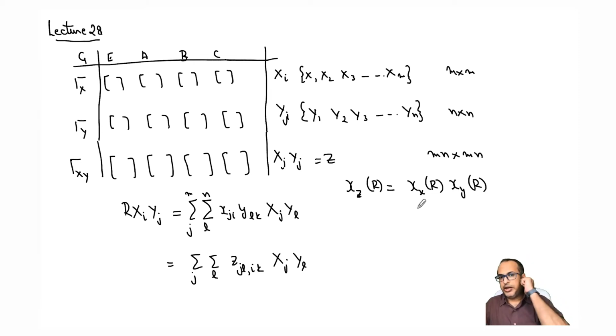This we have seen. Now this means if these are 1-digit numbers, that is 1 cross 1 representations, then the characters get multiplied directly. But if these representations are degenerate, that is m-fold degenerate and n-fold degenerate, then we have m cross m and n cross n matrices, and then we have to take a direct product of those matrices to actually get to the representation of the direct product, right?